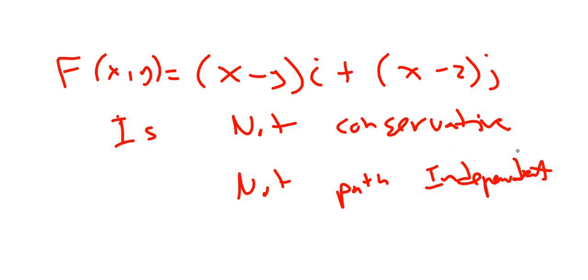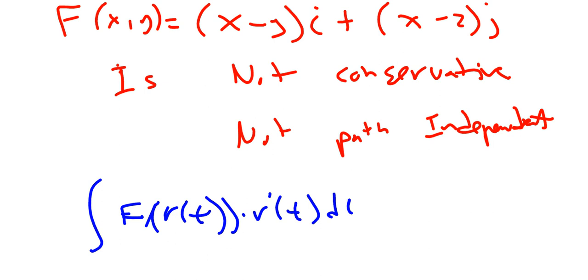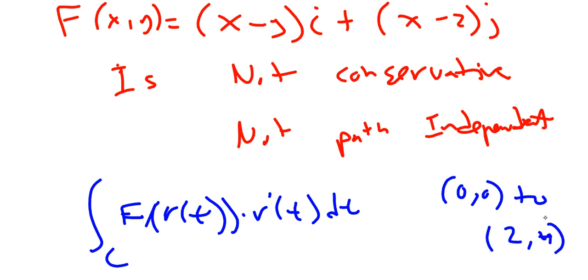So that just means if you're doing line integrals, say you're doing a line integral of this function F of x, y, I'll write it F of r of t dot r prime of t dt, and maybe we're going from the point 0, 0 over to the point 2, 4, then depending on the path you take, you'll get a different answer.